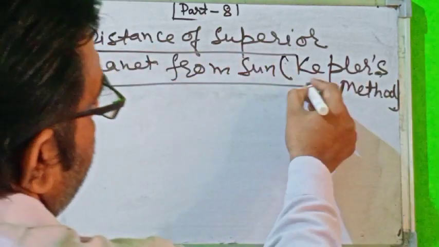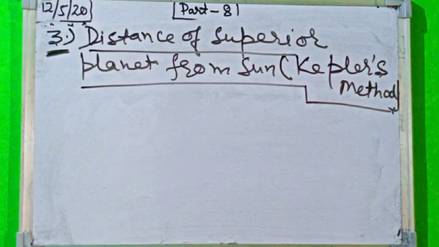As you know, Kepler was the scientist who observed the planetary motion and gave his 3 laws regarding planetary motion. One of the 3 laws is the law of periods.